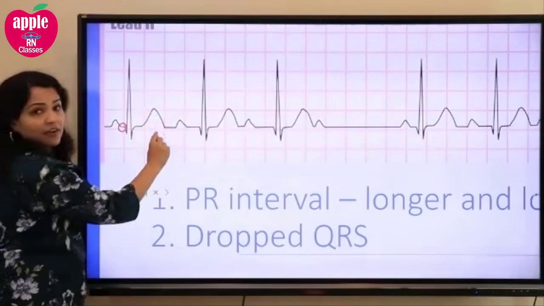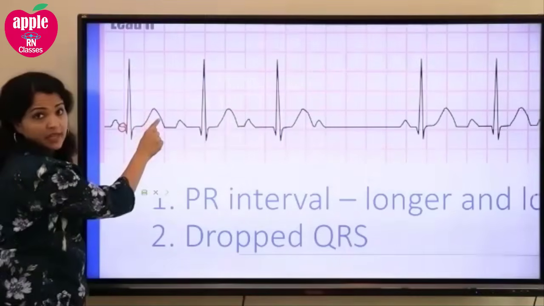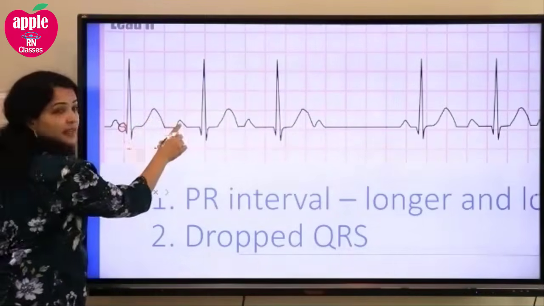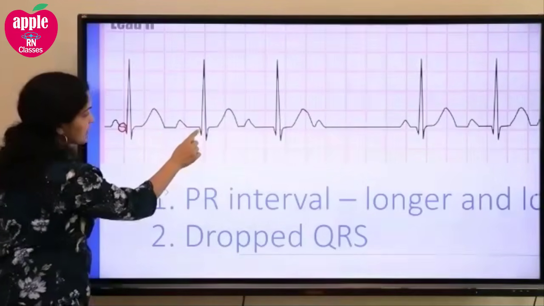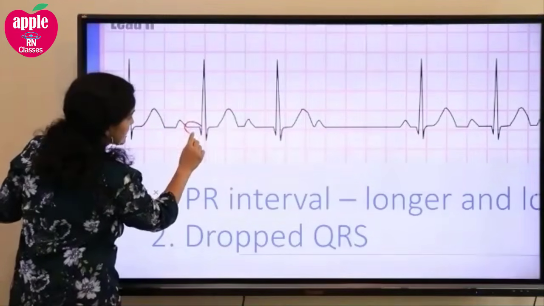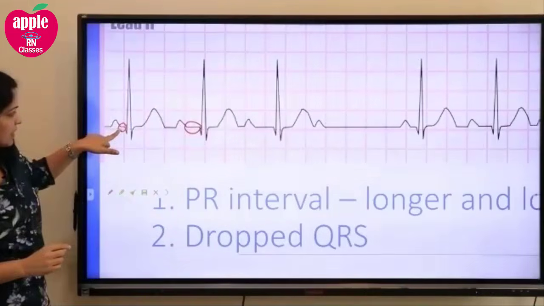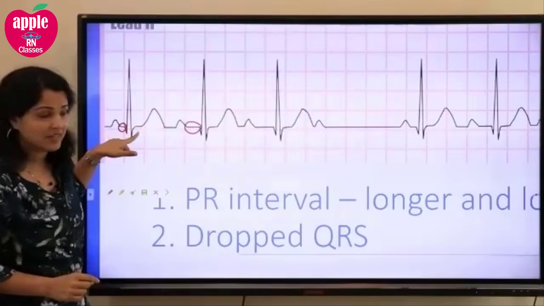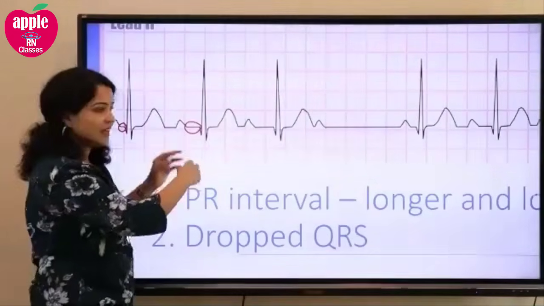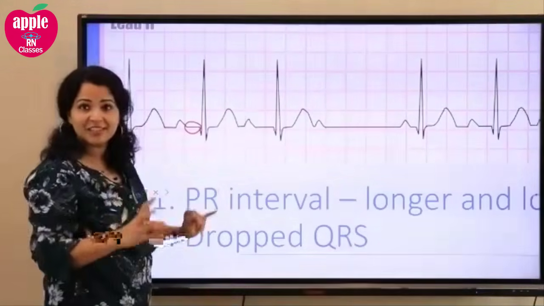Okay, and then you have the T, which is really good. It's relaxing, and then comes the next P wave. This is your next P wave, and this is your QRS. So what happens is, look at this one. So this and this is definitely more compared to this one. And then you have the husband coming, no problem. Then there is relaxation, no problem.